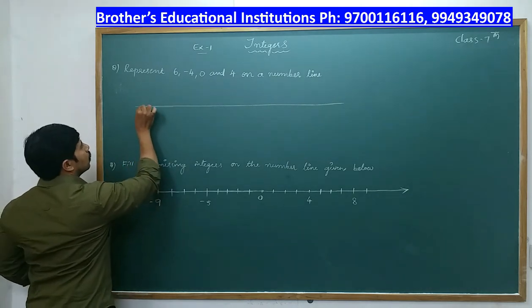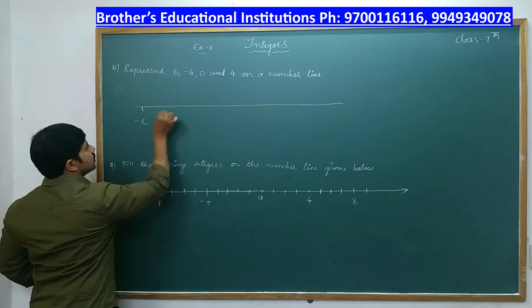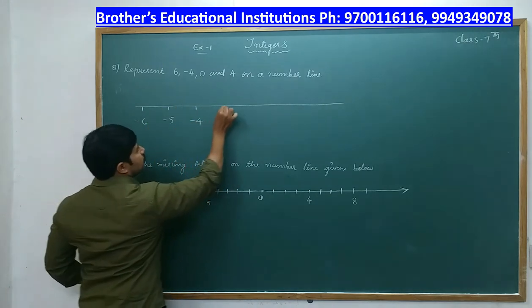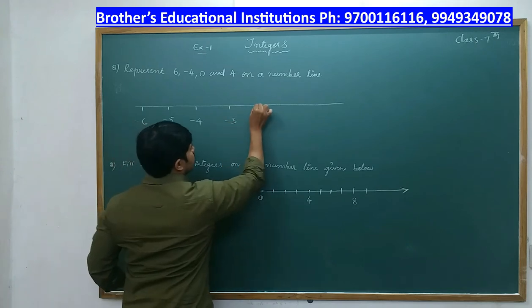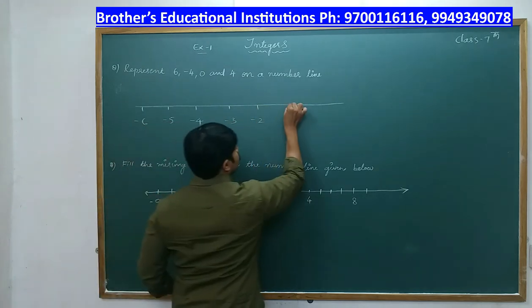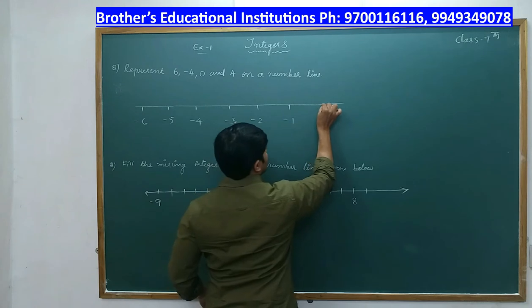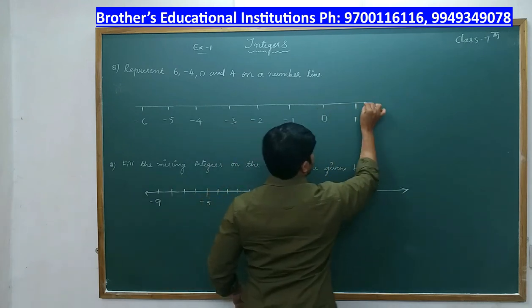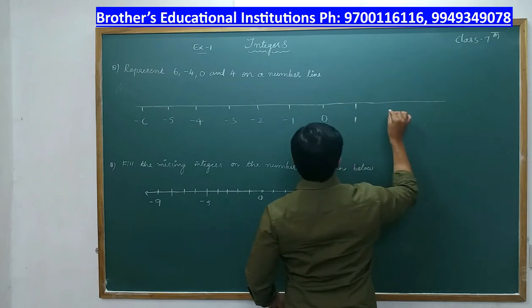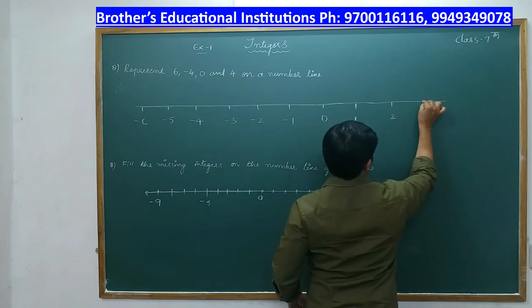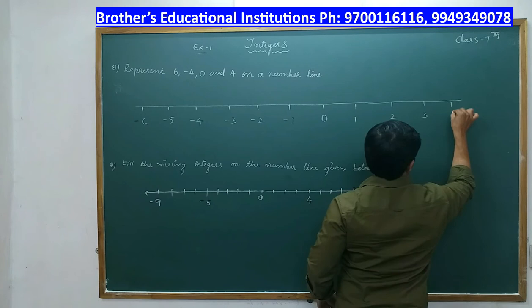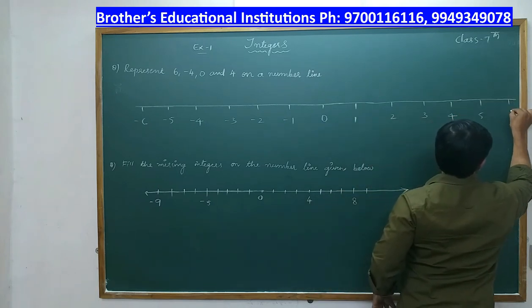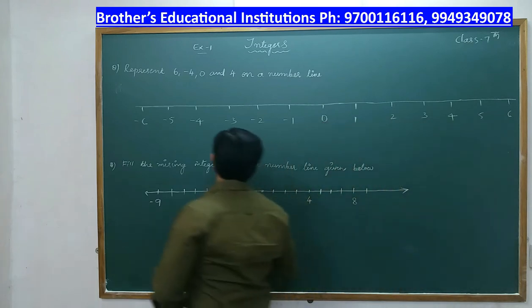So minus 6, minus 5, minus 4, minus 3, minus 2, minus 1, 0, 1, 2, 3, 4, 5, 6. Some numbers I wrote on a number line, right?